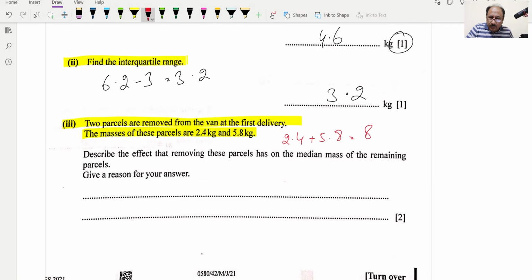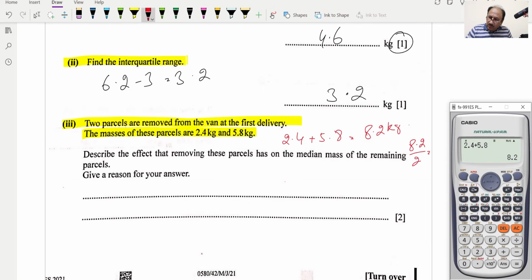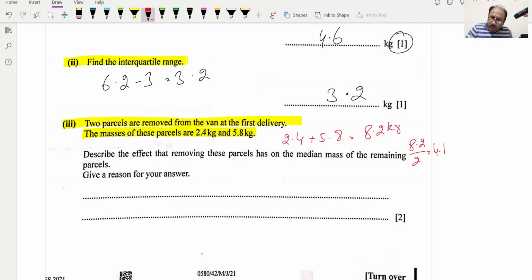So 8.2 kg is the total mass of 2, and 1 will have a mass of 8.2 divided by 2, which is 4.1 kg. So 4.1 kg is the mass of one parcel.